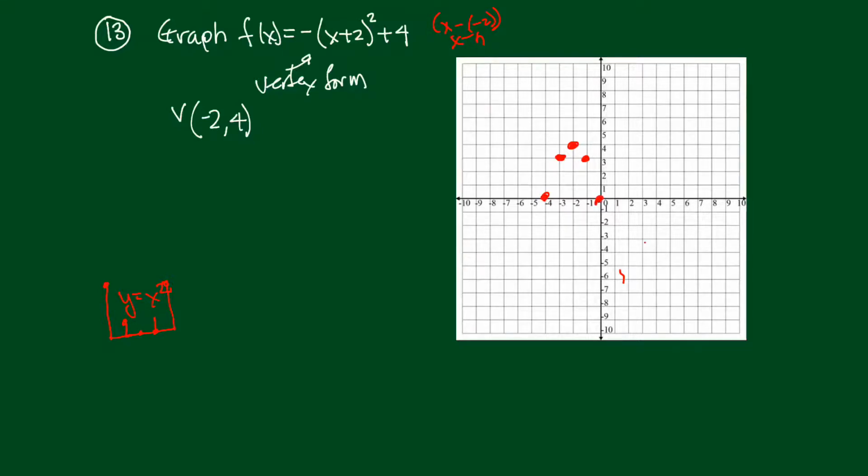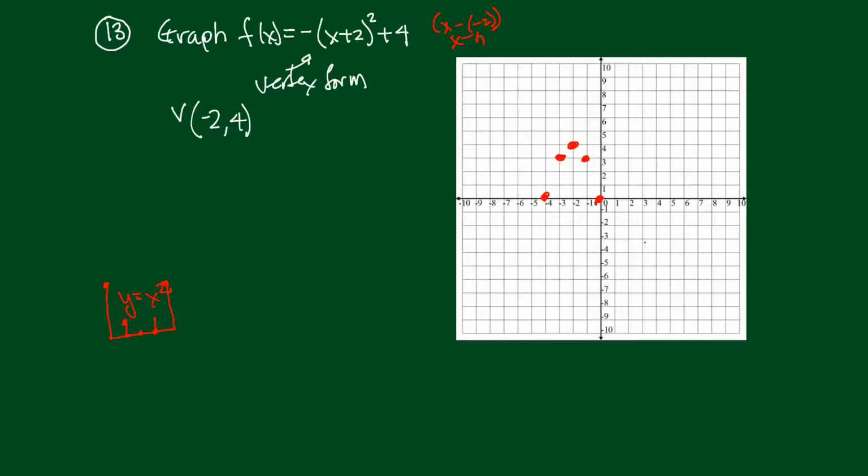And we've got enough room on our graph here. Let's go 3. We start at the vertex, go out 3, and go down 9, and then to the right 3, down 9. Got to go 9, so it's over 3. There's 4, and 5 more would get us here, so we'll be out at negative 5. Let's put points there.